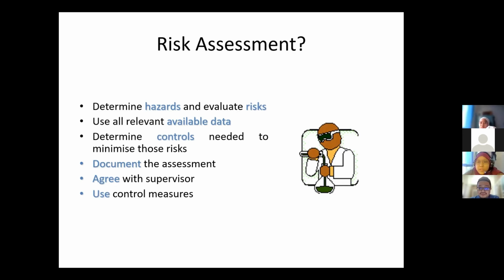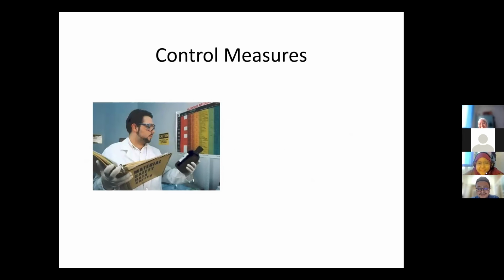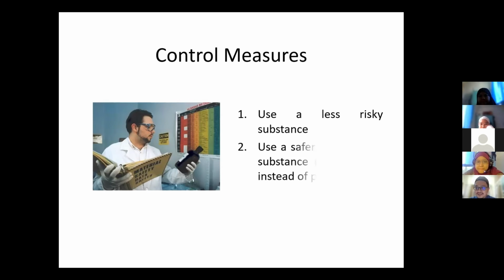And then use control measures. Susah benar nak sebut hari ni. Okay, use a less risky substance. These are the ways we try to minimize hazards in our setting, in the lab lah, in this particular case.